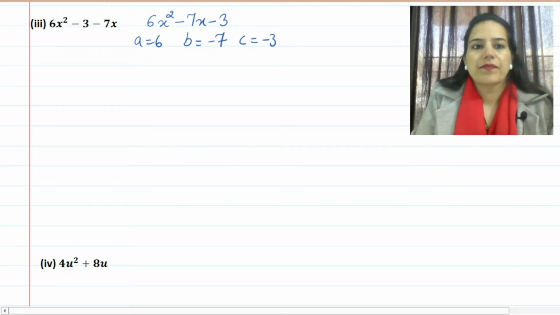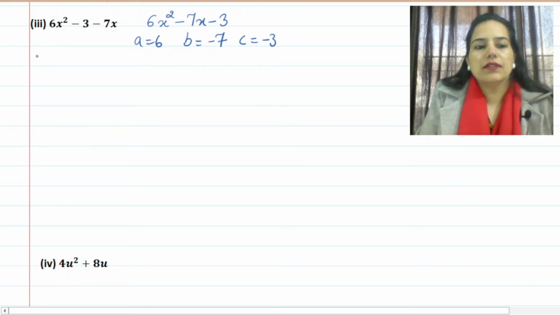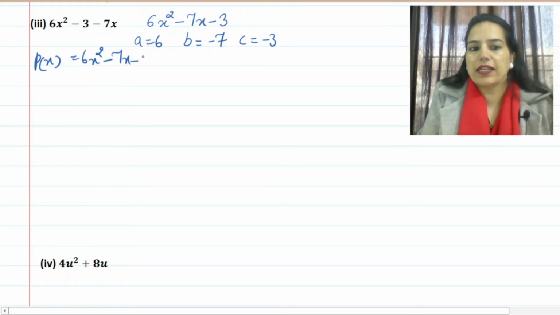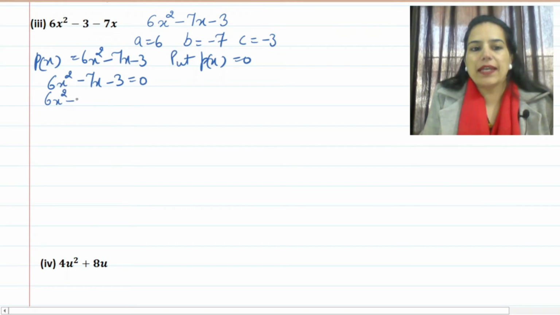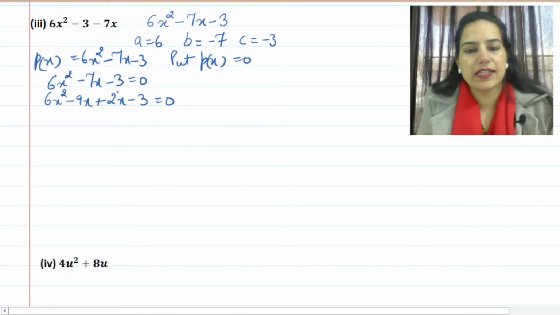Now let's solve. So we will name it as px is equals to 6x square minus 7x minus 3, and then I will put px equals to 0. So 6x square minus 7x minus 3 equal to 0. 6x square minus 9x plus 2x minus 3 equal to 0, because 6 3s was minus 18.